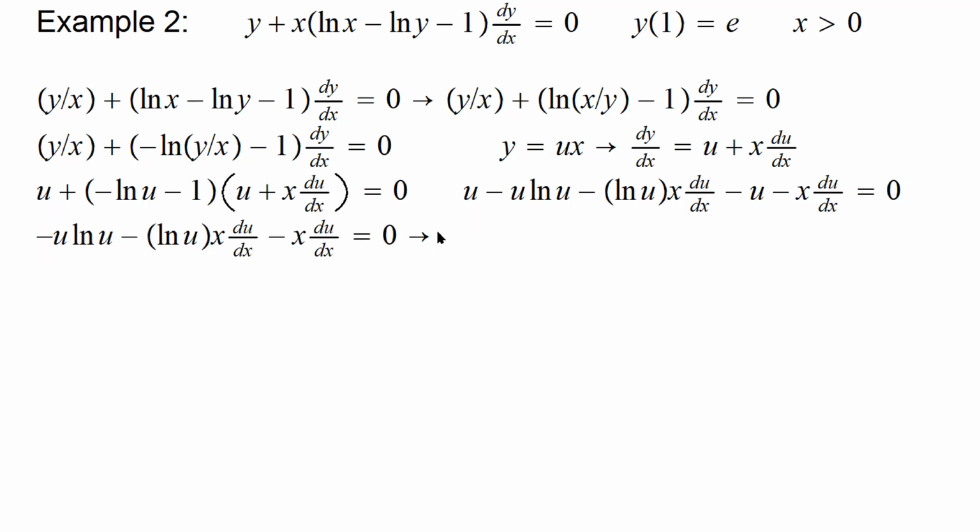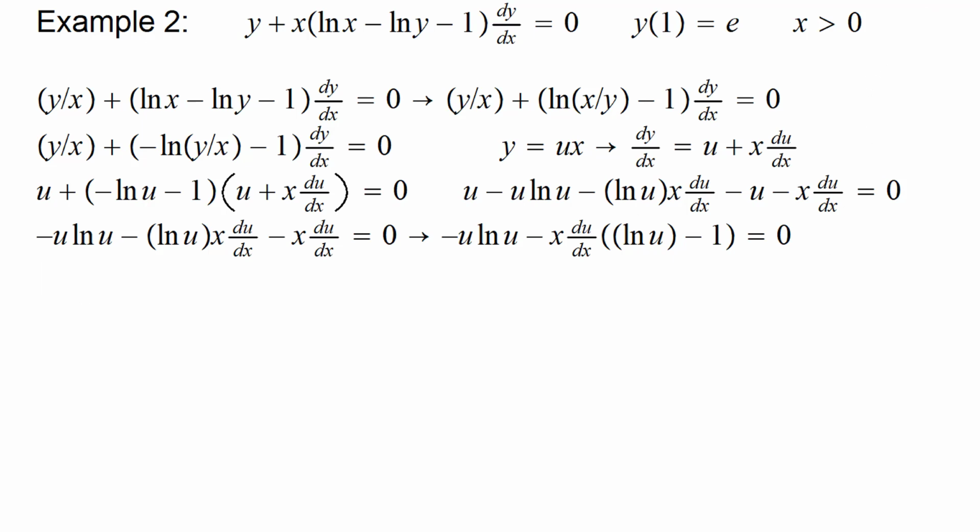Okay, so here we go. So what we are going to do here is, let's just factor x du dx out. So what we get is, we simply get that, right, by factoring that out.